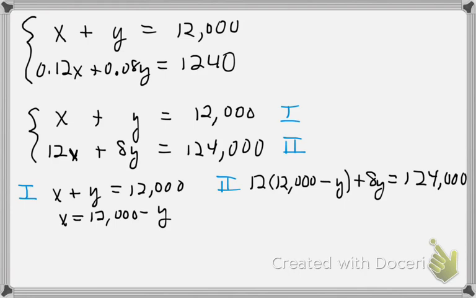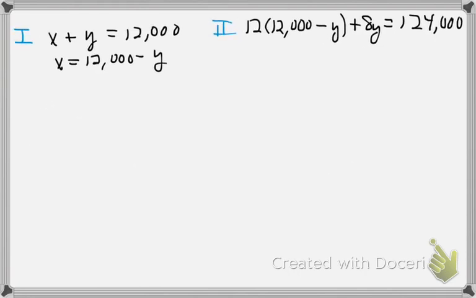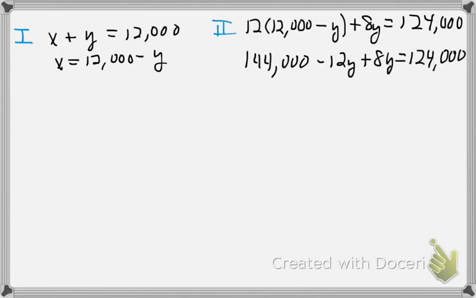All right, so just to give myself some extra room, I'll do this on another slide. So this means we have 144,000 minus 12y plus 8y equals 124,000. You guys agree? Combine like terms: 144,000 minus 4y equals 124,000.